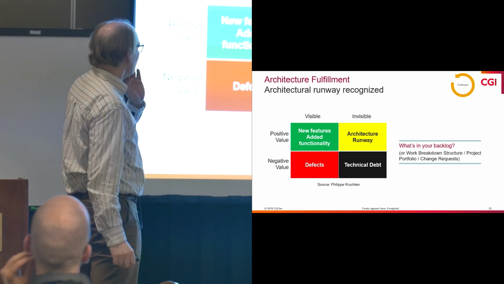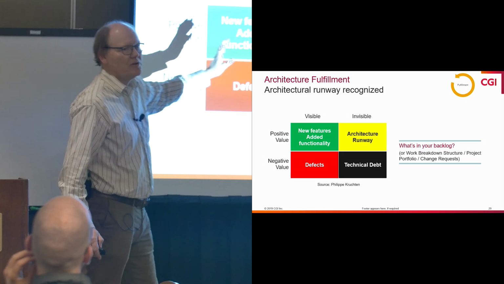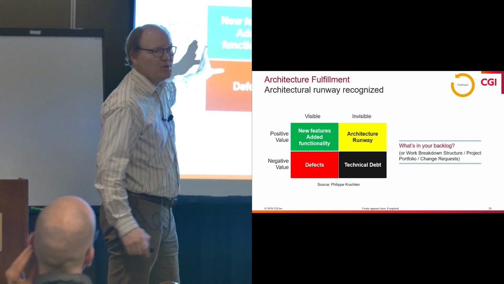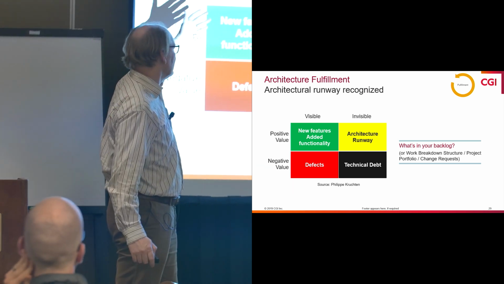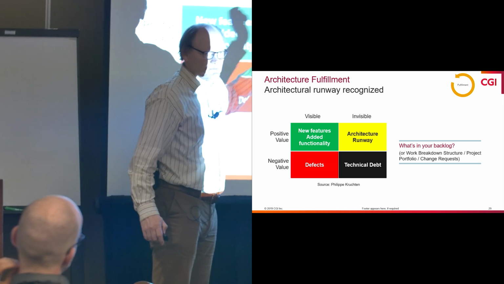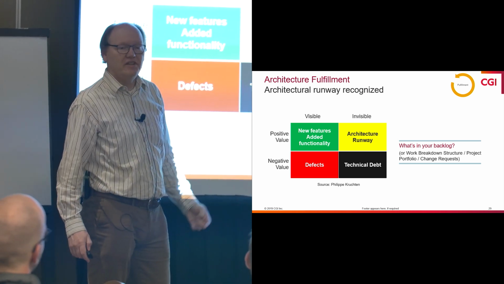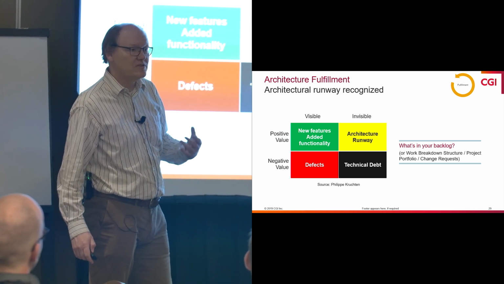Anyway, the model basically says that there are two types of stuff in your backlog. There's the stuff that's visible to your end users, like new features or bugs. And there's the stuff under the hood, beneath the surface. That's not visible to your end users. It is visible to the architects and to the developers.